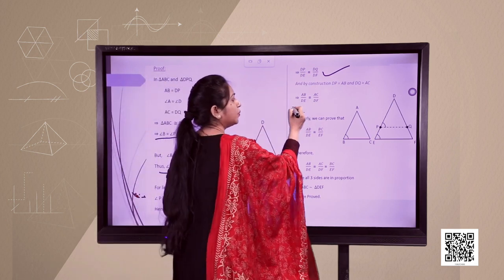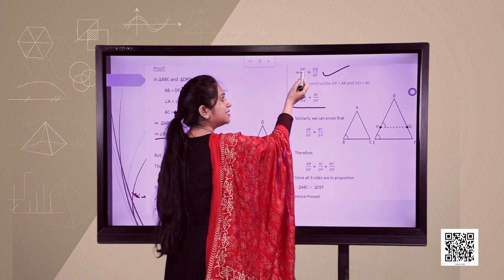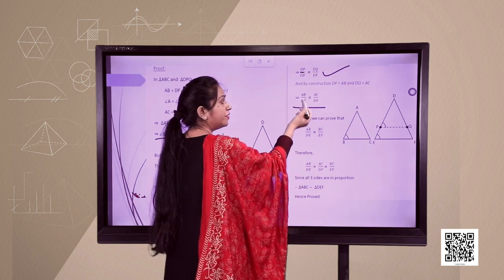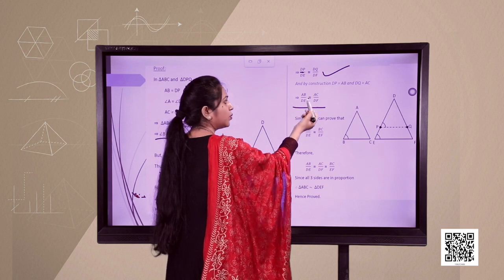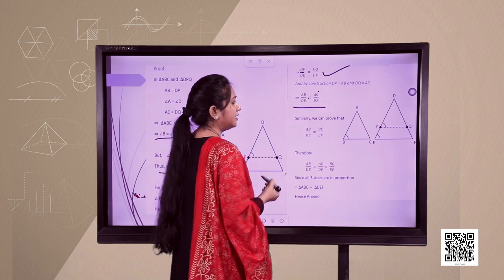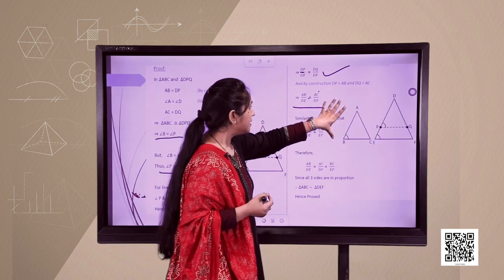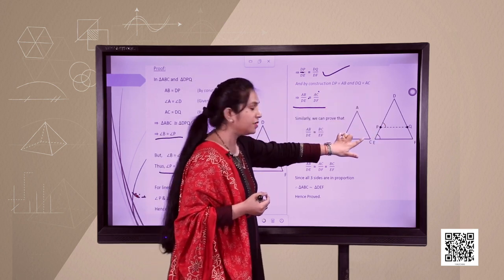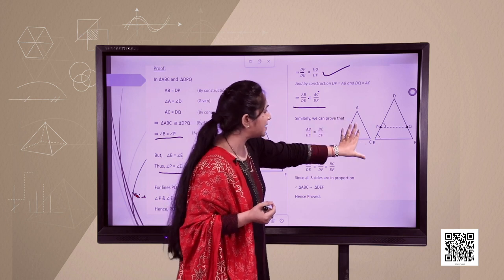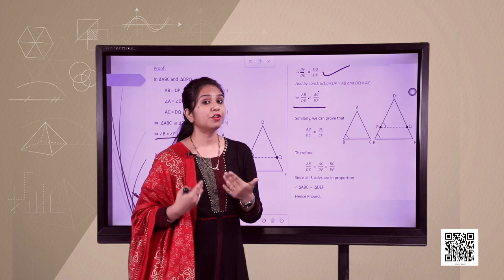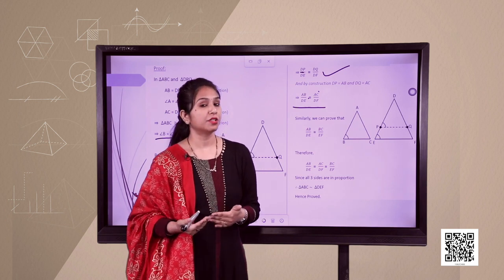So we get AB upon DE is equal to AC upon DF. So you have shown that in these two triangles, this AB upon DE, the bigger side, is equal to AC upon DF, the other side. You are showing that the pair of two sides are in proportion.